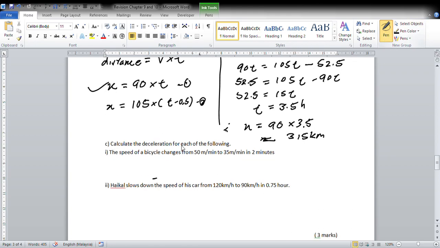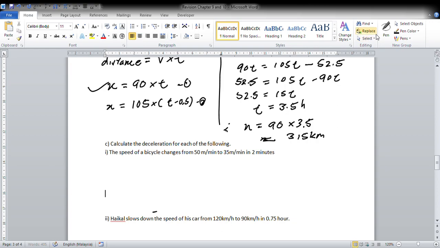Next, question C. Calculate the deceleration for each of the following. The speed of the bicycle changed from 50 meters per minute to 35 meters per minute in 2 minutes. The question asks you to calculate the deceleration, which is quite easy. For acceleration, we always use final minus initial.